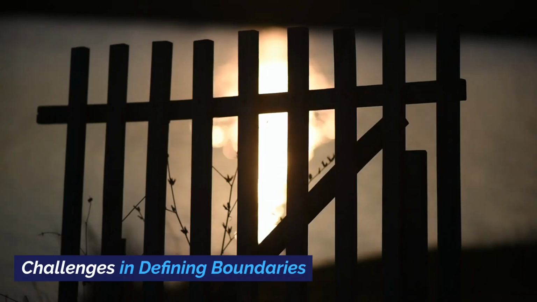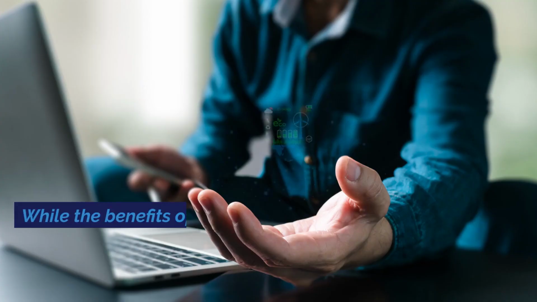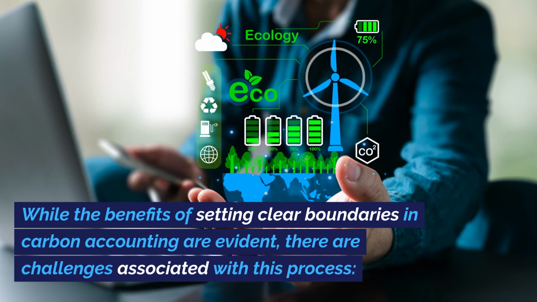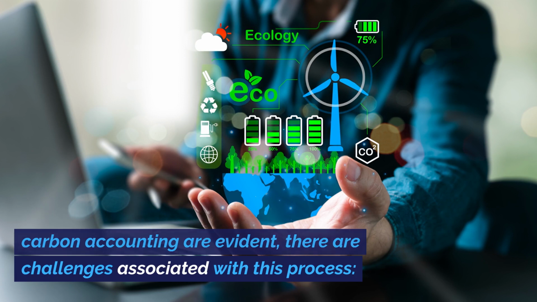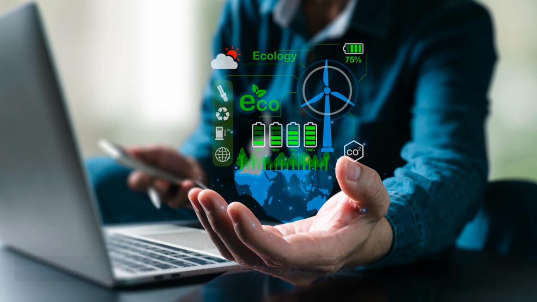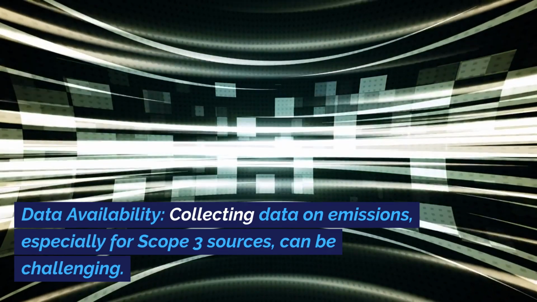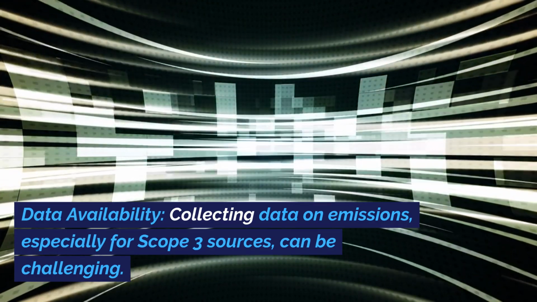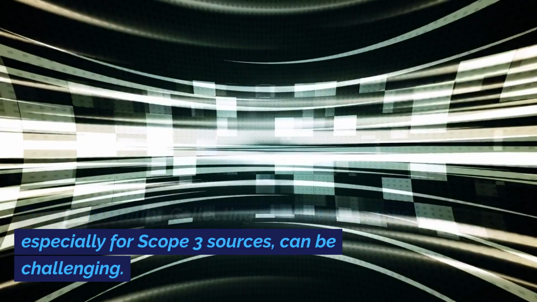There are many challenges in defining boundaries. While the benefits of setting clear boundaries in carbon accounting are evident, there are challenges associated with the process. Data availability is a big one. Collecting data on emissions, especially for Scope 3 sources, can be very challenging.